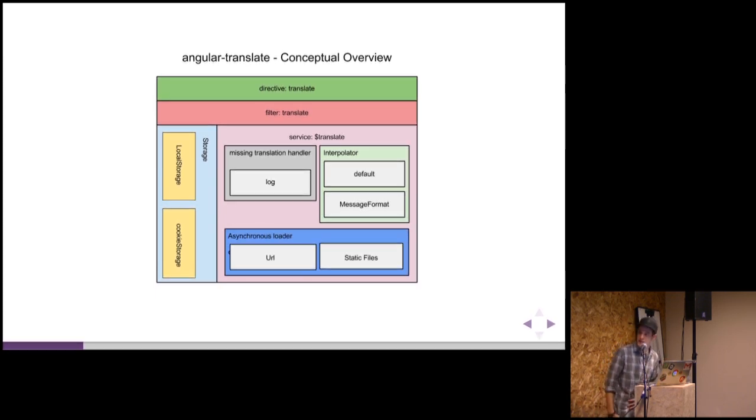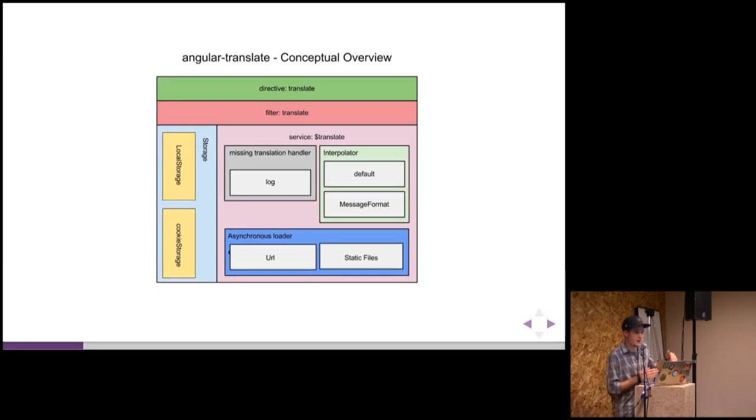The blue box is about the asynchronous loader. There is the URL loader and then the static files loader. The URL loader is a loader to define an endpoint on a server where you can load the internationalization data from. And the static files loader provides a mechanism to define a kind of pattern for how your translation data looks on the server.